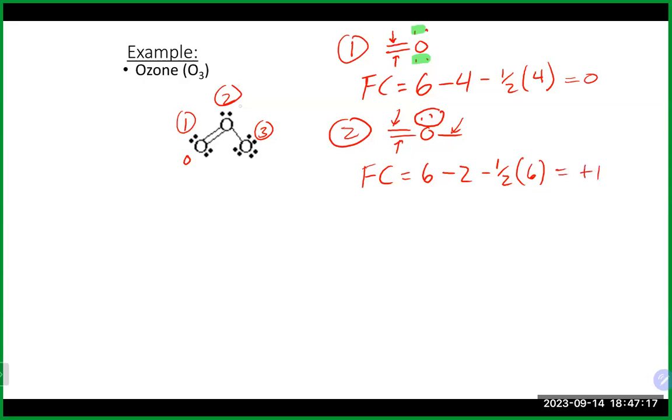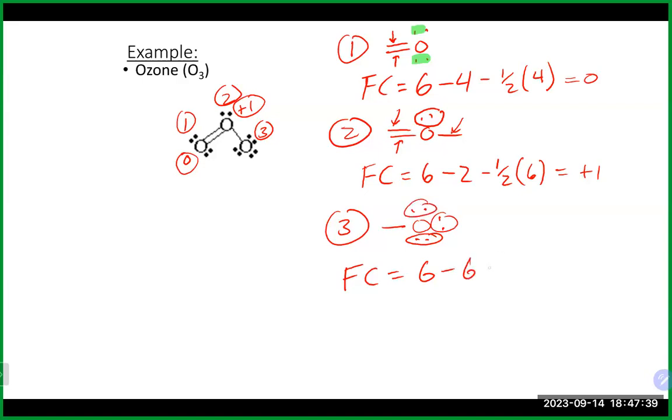And that oxygen in the middle in this arrangement is kind of carrying a +1 sort of charge. Lastly here, if we look at the last oxygen, on the right there, we would do our formal charge here of 6 minus the non-bonding electrons, 2, 4, and 6, minus 1/2 the number of bonding electrons, which would be 2.